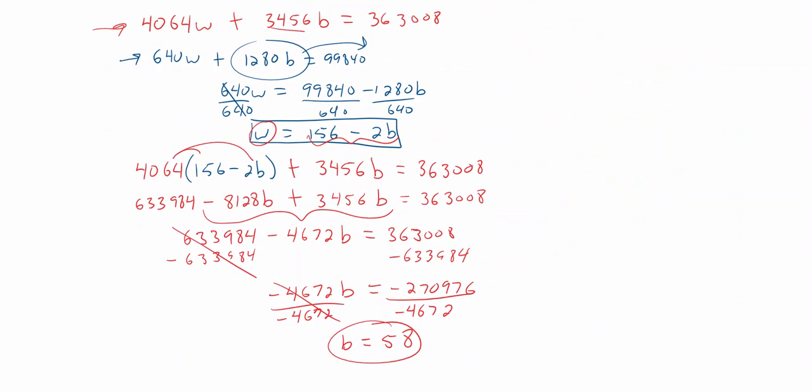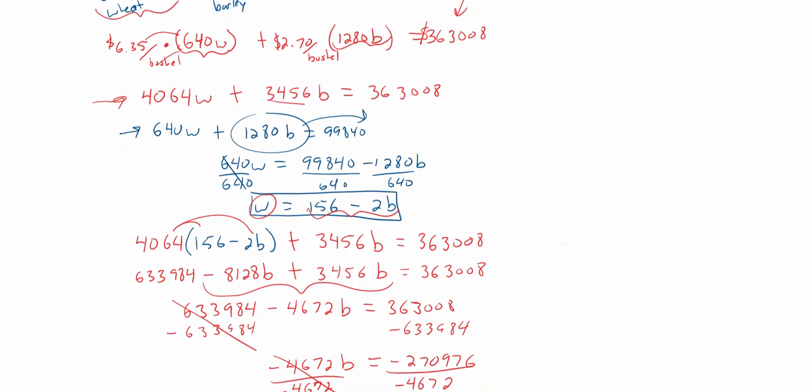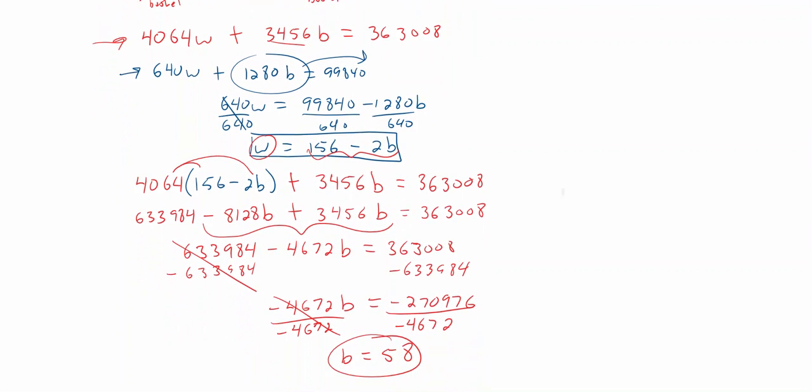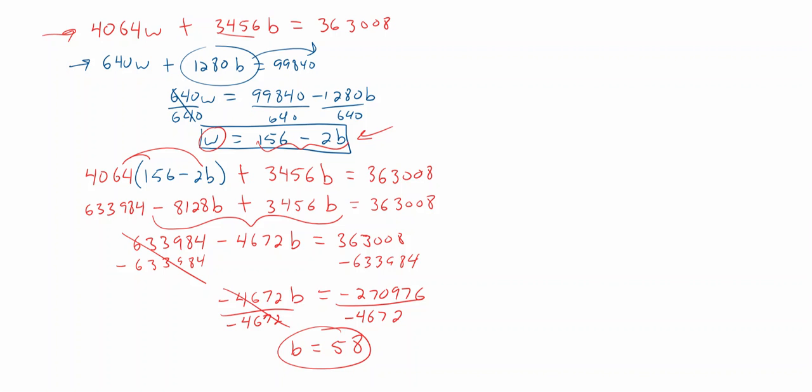All right, so that's how that was for barley. Now we just need wheat, right? So now we can take that from either one of the equations. We already have a nice equation. We rearranged this one for wheat already, right? Let's just use that one. So wheat would be equal to 156 minus 2B.